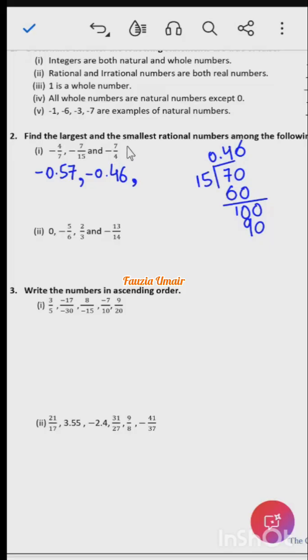Minus 7 by 4. Please divide it and tell me the answer. It is something minus 1 point. Remember to divide by 4. What would be the answer?